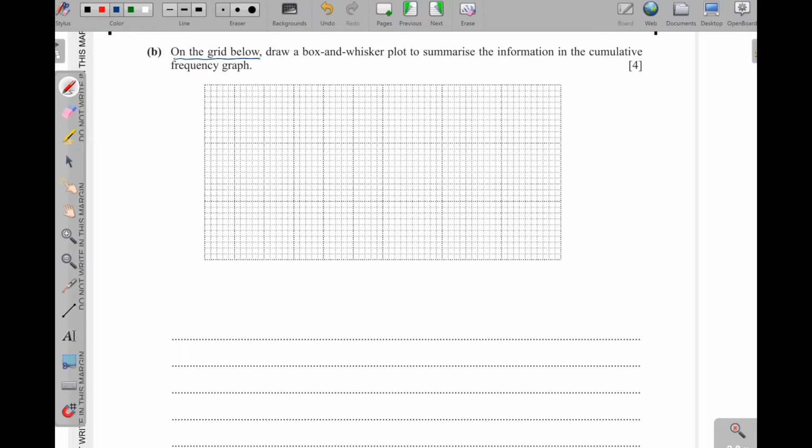On the grid below, draw a box and whisker plot to summarize the information in the cumulative frequency diagram. All right, so we need the lowest value. Remember, in the box and whisker plot, we only plot 5 values. We need the lower quartile, which we always denote with Q1.